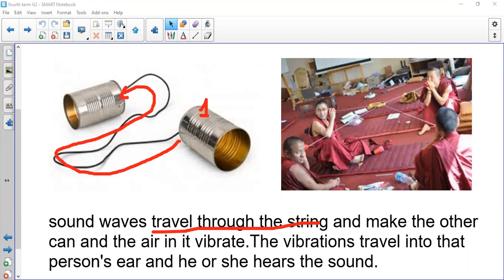Okay, and what will happen? He or she will hear sound, because the air inside this can will vibrate. And when it vibrates, you will be able to hear. Thank you, Khadija.